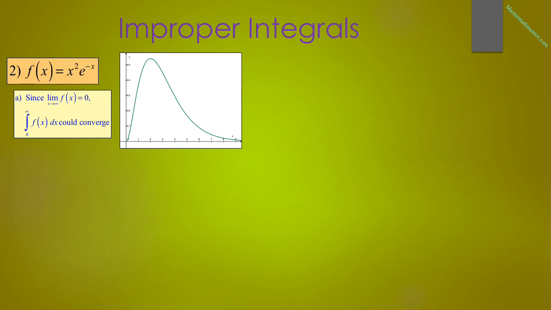This means that when we are taking the accumulated area as x gets larger and larger, the area is getting larger and larger, but by smaller and smaller amounts. So since this limit is equal to 0, the integral from 0 to infinity of f of x could converge. It does not mean that it does converge. More work is necessary.